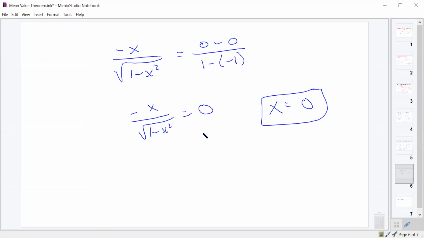Right? And if we found the slope here, the slope is 0. And so for the function root 1 minus x squared at x equals 0, what do you get? You get 1, right? And so if it's got a slope of 0 at x equals 0, and it has a y value of 1, that should just be the equation y equals 1.